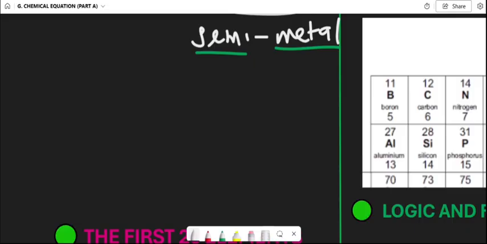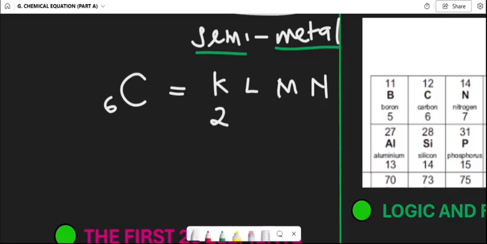Okay, let's give a quick example. Carbon. Carbon is number 6. So if carbon wants to fill in the shells, carbon will fill the K shell with 2 electrons, and the rest will be filled into the L shell, which is 4 electrons. Now look at it carefully.